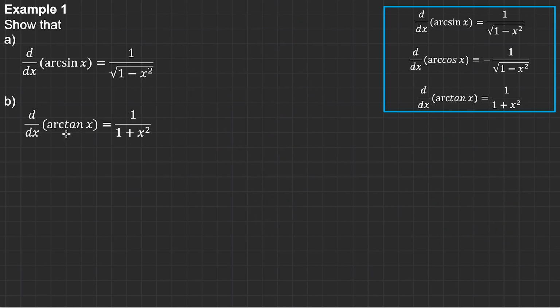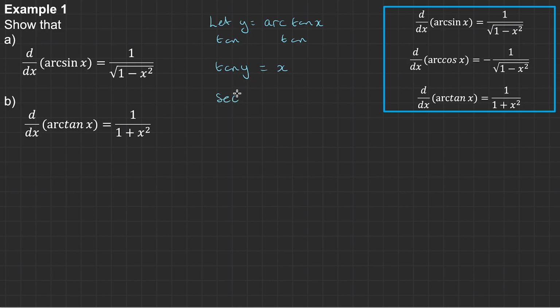So for example B, we're going to say let y this time equal arctan of x. And like we did a minute ago, we'll take the tan of both sides, and this will cancel out the arctan. So tan of y will leave us with x. And we'll differentiate both sides with respect to x. So the left side will be implicit.